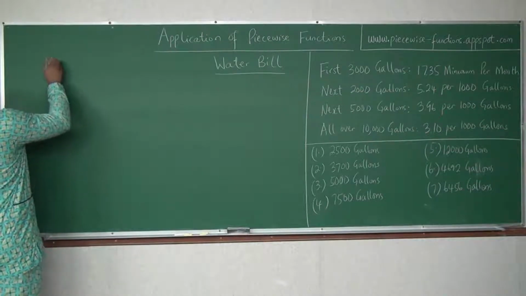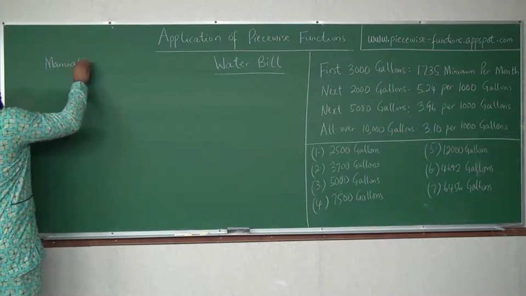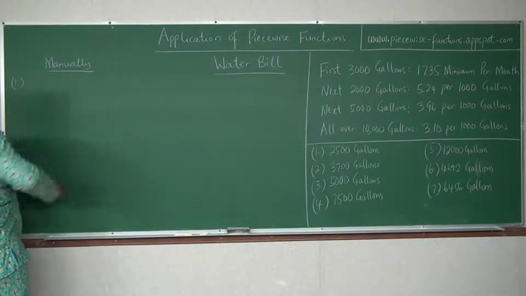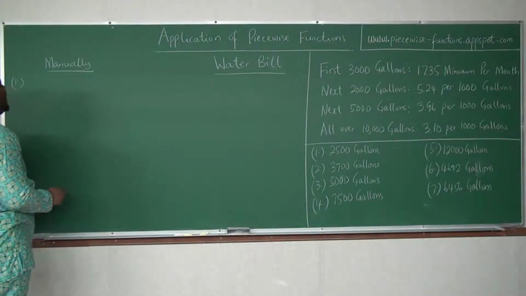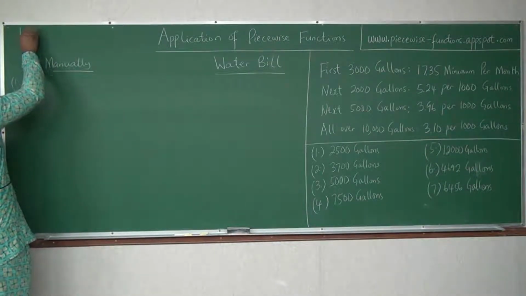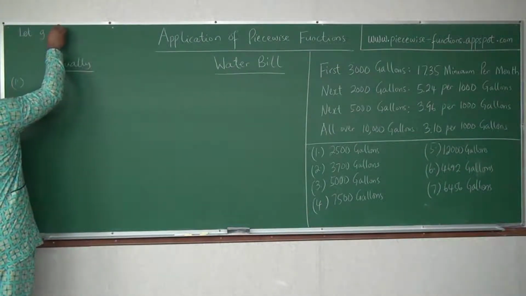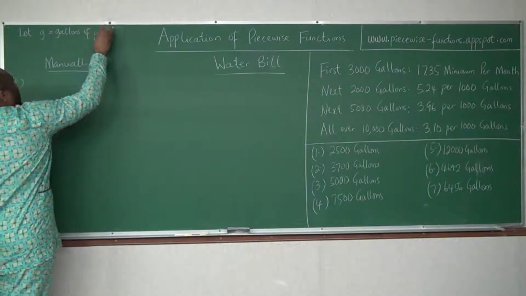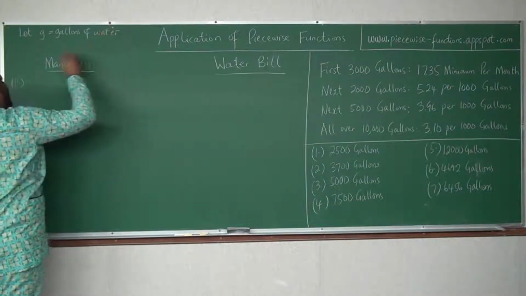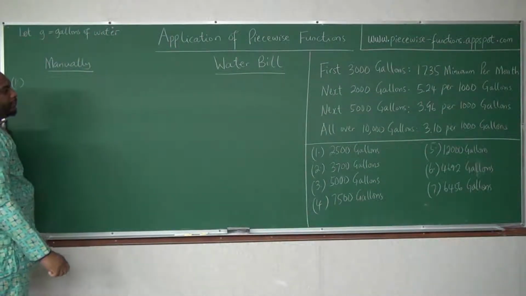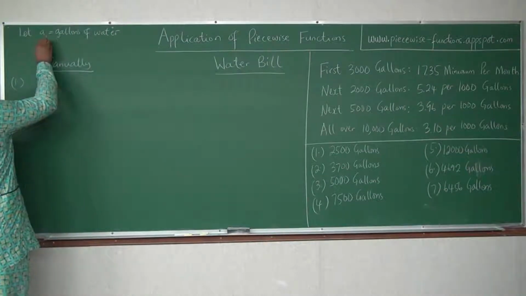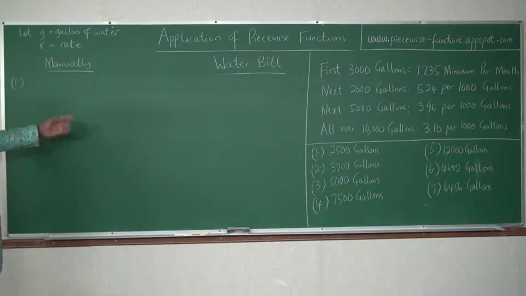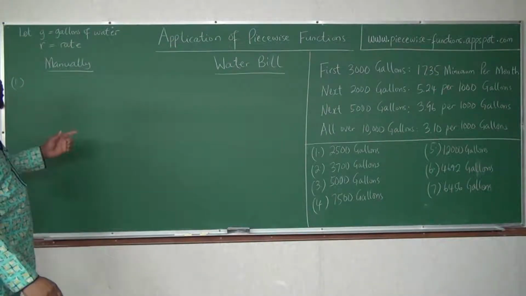So, number one, let our small g be gallons of water, and let R be the rate. R will be the rate. The rate is dollar per gallon.